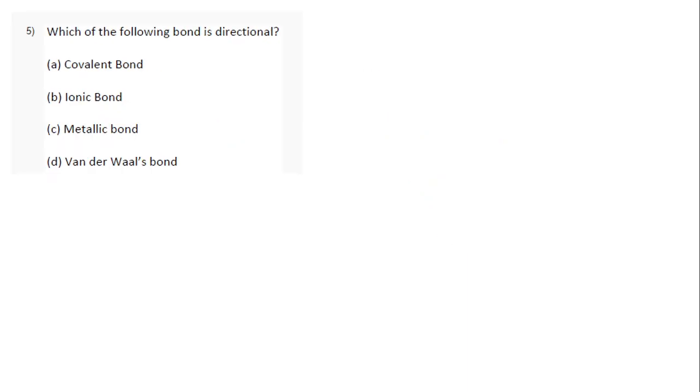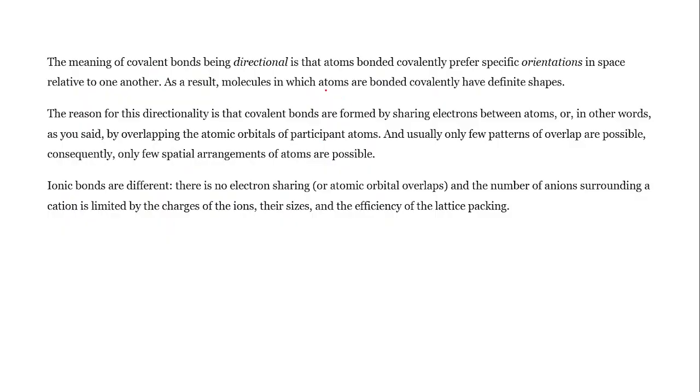Next question: which of the following bonds is directional? Actually, covalent bond is called a directional bond because the meaning of covalent bond being directional is that atoms bonded covalently prefer specific orientation in space. I told you we have methane, say. Here it's not a hydrogen bond just because there is hydrogen.